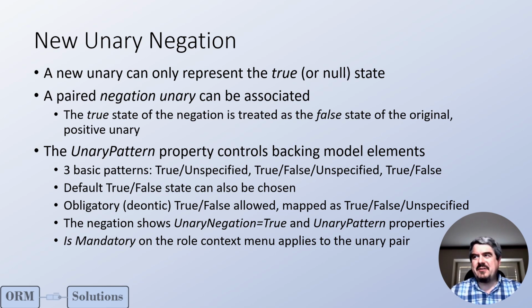When these are on the diagram, you'll see as soon as you put a unary negation on, an additional notation on the unary fact type. It's the same size as a typical mandatory constraint on the role, except you'll see a plus or a minus. If they're paired and mandatory, you'll see the mandatory color with the plus or a minus in there. So if you see a unary fact type now with a plus, it means there is a negation for it. This is the positive side, there's a negative side.